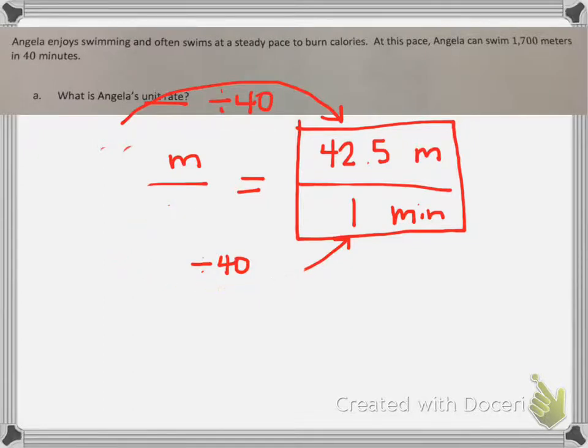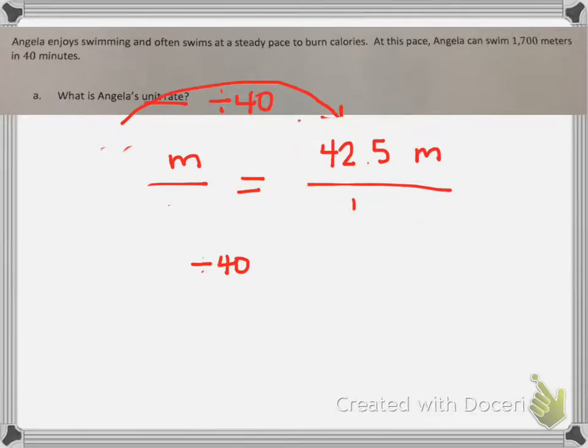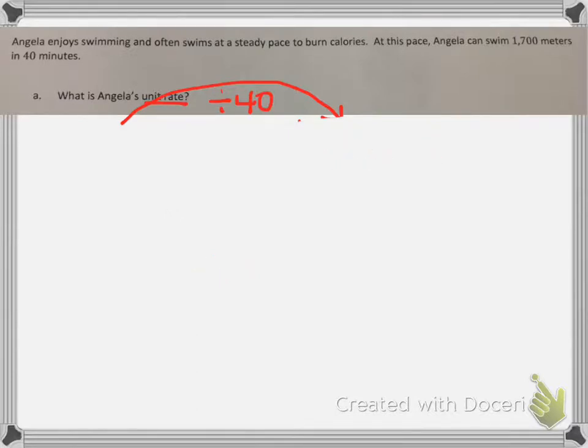I'm going to erase this off so that we can try this a different way. Instead of writing the rate as meters per minute, I'm going to write the rate as minutes per meter, which you can do. It's a different value that you're going to find, and it might not be as useful to us, but we definitely can use it.